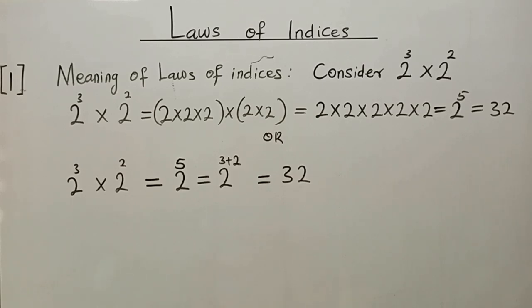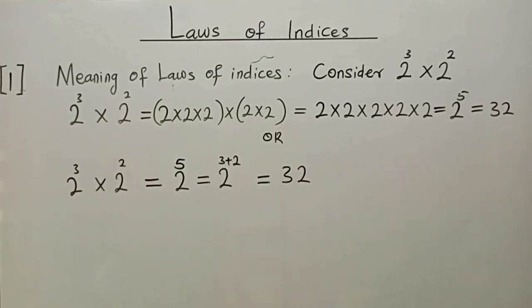Since we have two methods of solving it, the primary method of expanding the powers to get the answer, and then the second method of observing the shortcuts from the long process, this alternative method of multiplying numbers in the index forms, if it becomes consistent, is what we refer to as law of indices.